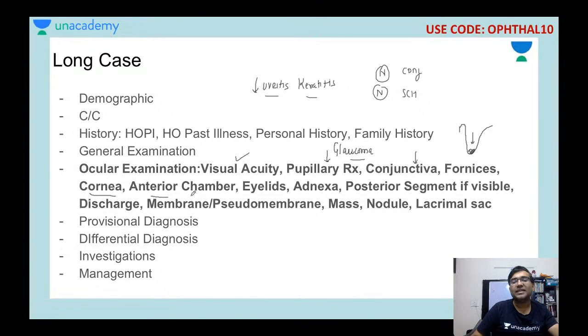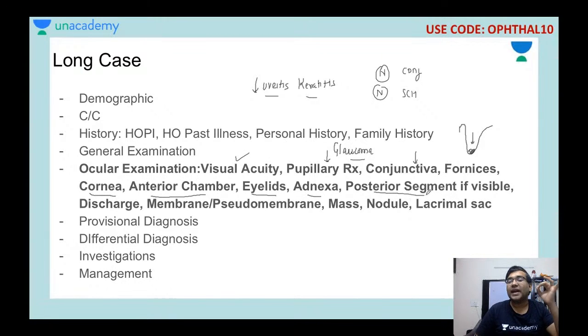Anterior chamber, why is this important? In uveitis, you can have cells and flare in the anterior chamber. Eyelids, sometimes even blepharitis. Blepharitis means inflammation of your eyelids, which can also cause infection in the superficial conjunctiva. So you have to see the meibomian glands, you have to see the adnexa.